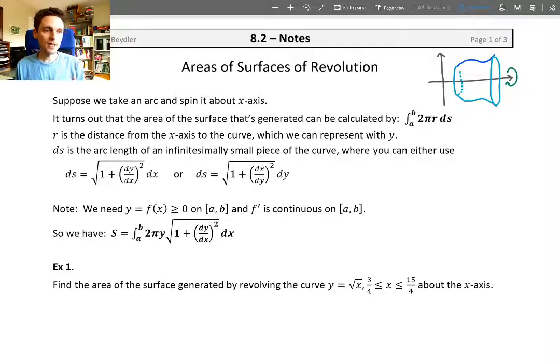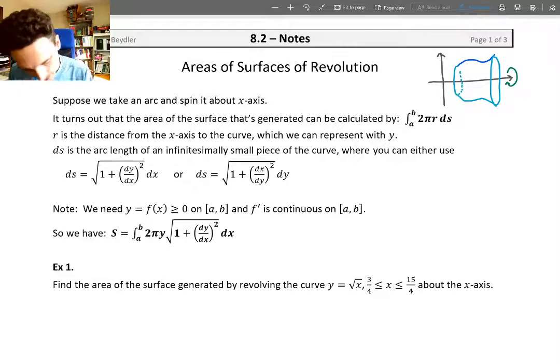So our goal is to find the surface area that's created. Now it turns out that the area of this surface is able to be calculated by the integral from a to b, so that's the start x value to the end x value of your interval, of 2 pi r ds.